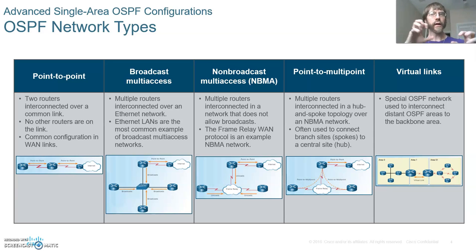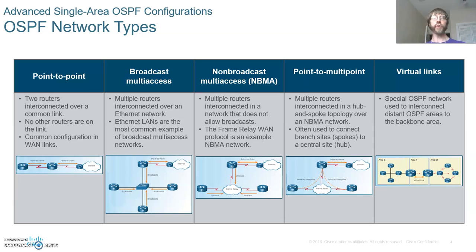What if you had a bunch of switches, a bunch of routers, and you had 4 or 5 routers feeding into that subnet so that you couldn't possibly lose connectivity to it? 4 or 5 routers through a handful of different switches, possibly, and you might actually have EtherChannel coming from the host to the switch, what we would call NIC teaming, all that kind of thing. You might really actually need a broadcast multi-access configuration.